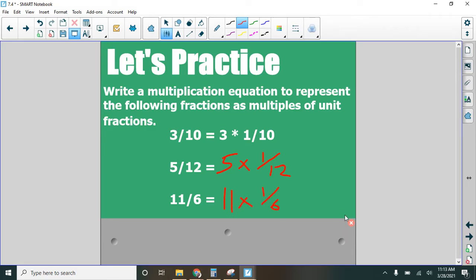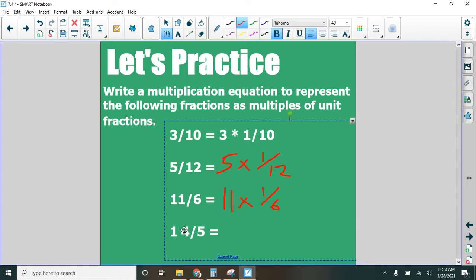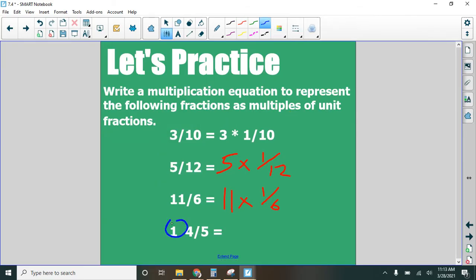And a lot of this is practice of what we were doing last time. Here we have 1 and 4/5. I think that's what this is supposed to be, 1 and 4/5. So what I would do is I would think, okay, well, 1 equals 5/5. So 5/5 plus 4/5 equals 9/5.